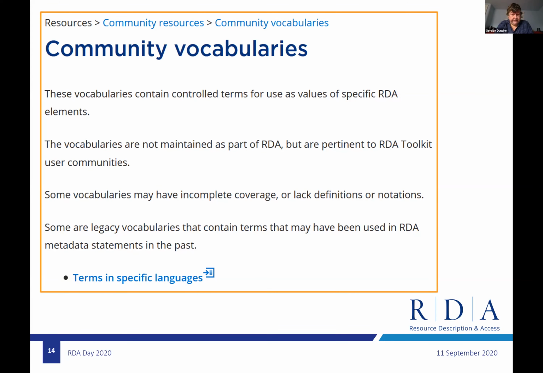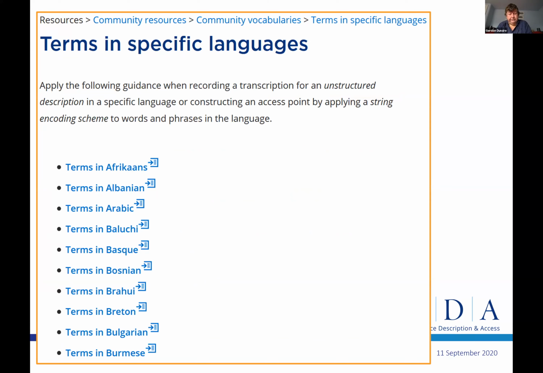That has been changed as a result of RDA board strategy and the desire of the RDA steering committee. So we now have this information organized by language. There are over 60 languages present, which was a surprise to everybody. The stuff was scattered in the original toolkit.